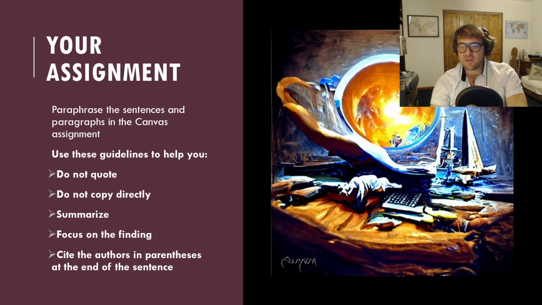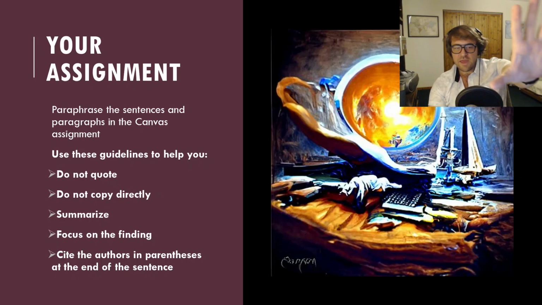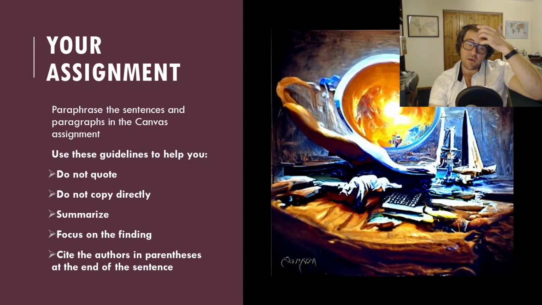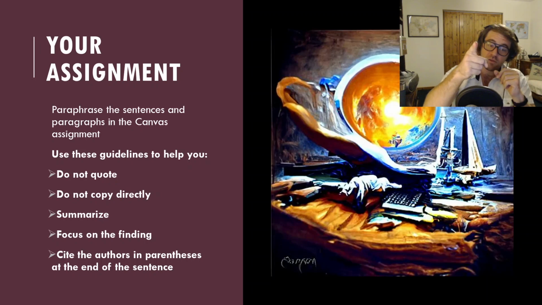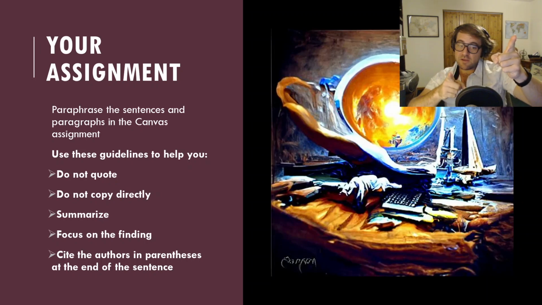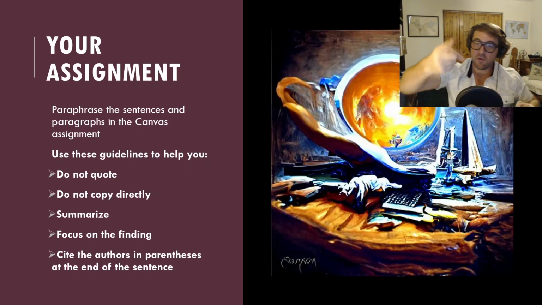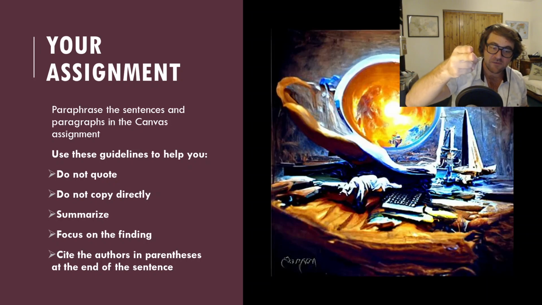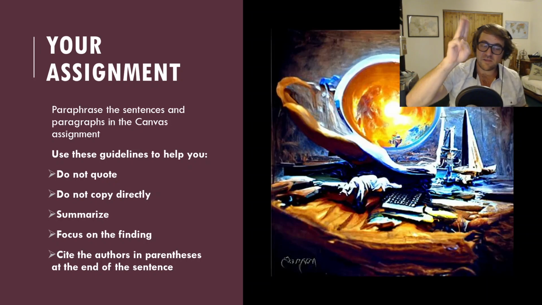Okay, so what is your assignment? Your assignment is to paraphrase the sentences and paragraphs that I've put into Canvas, and use these tips to help you. Don't quote. Don't copy anything directly. Summarize. Focus on the finding, and then cite the authors in parentheses at the end of your paraphrased sentence.